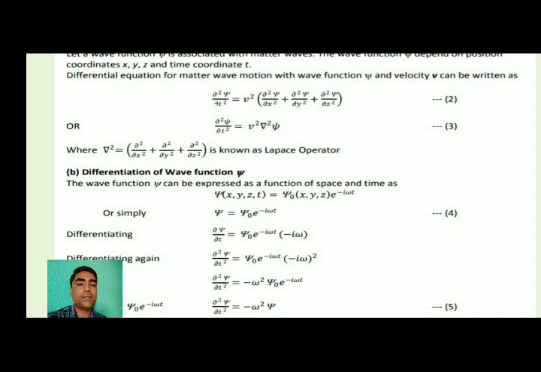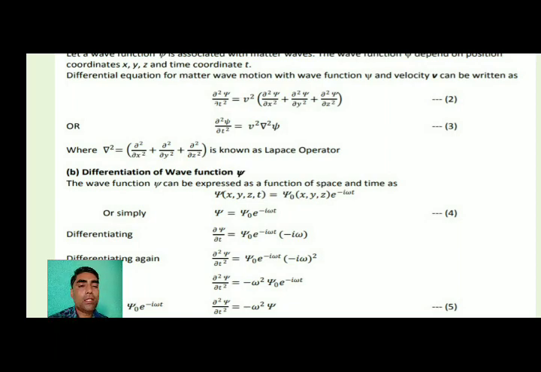As the wave equation involves a second order derivative in time, we have to differentiate this wave function psi with respect to time, and remember that the differentiations are partial differentiations. So del by del t of psi equals psi 0 as it is, times the derivative of the exponential, which is the exponential as it is, times the derivative of minus i omega t, which is minus i omega.